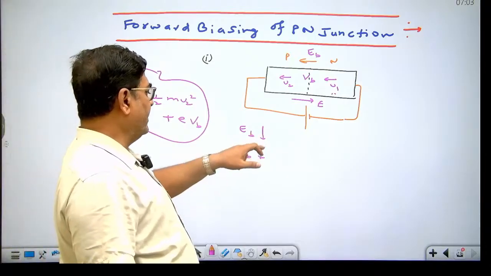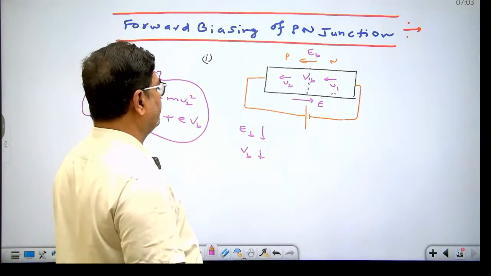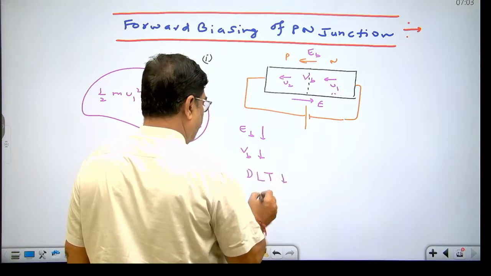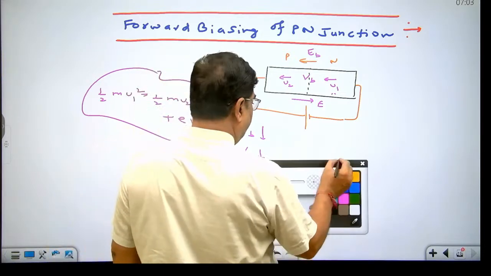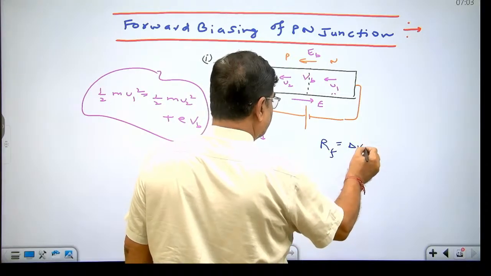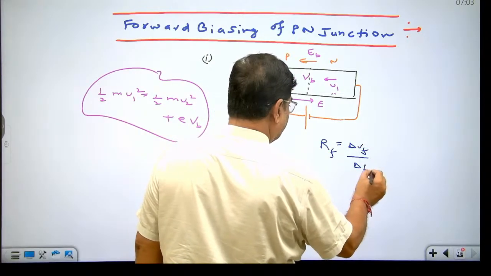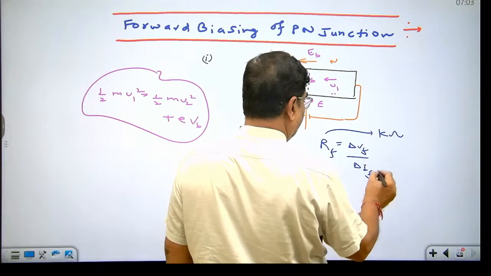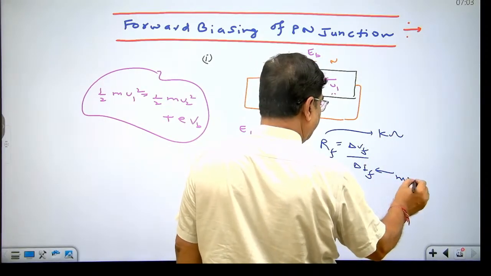So the barrier electric field decreases, the barrier potential decreases, and the depletion layer thickness decreases. The junction resistance in forward biasing is the change in forward voltage divided by the change in forward current. This remains of the order of kilo ohm and the current remains of the order of milliampere.